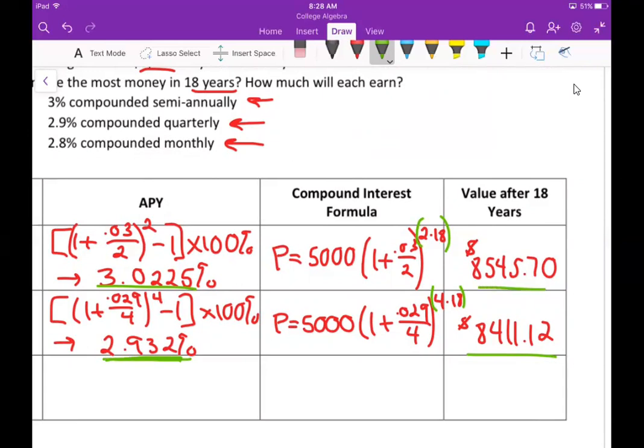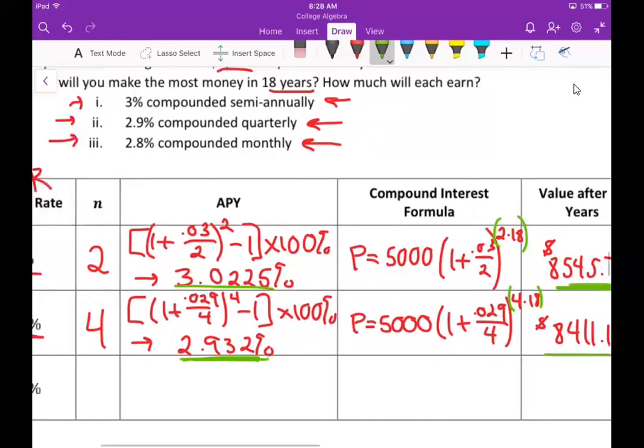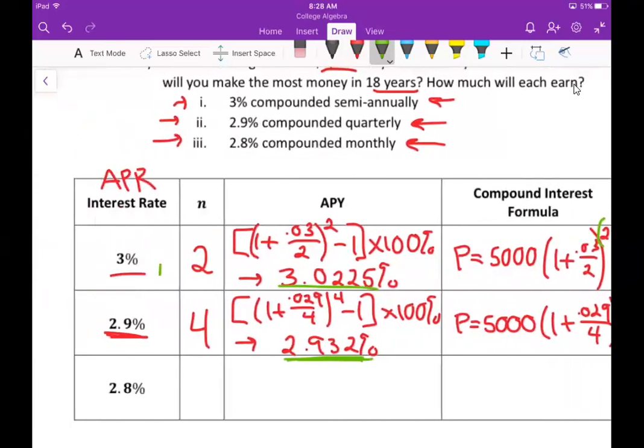And we do see that. The difference is actually more than $100 different, right, in the end. Even though we're compounding more often, that 0.1% is proving to be a little bit more powerful than doubling the compoundings, which is a little bit surprising, I feel like, because that doubling of compoundings is doubling my power here.